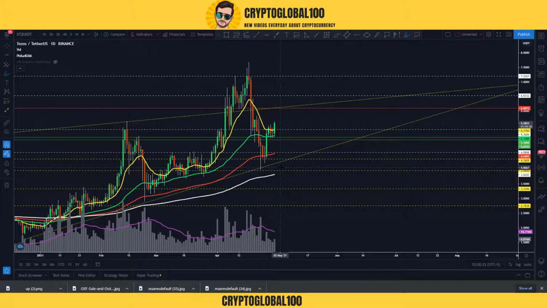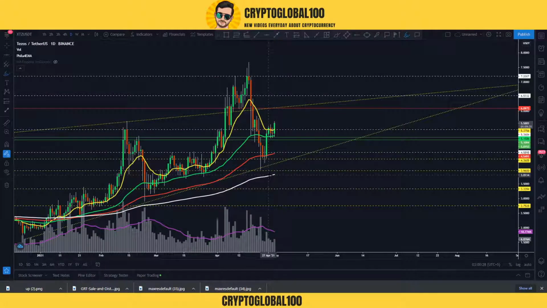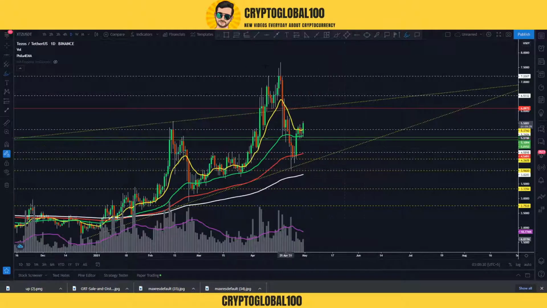The next rejection has been from the 50 EMA. So we are in the uptrend for now, and I'm positive about the price going up. If the volume gets very good, we might see a break of this trend line as well as this zone, and break this resistance.